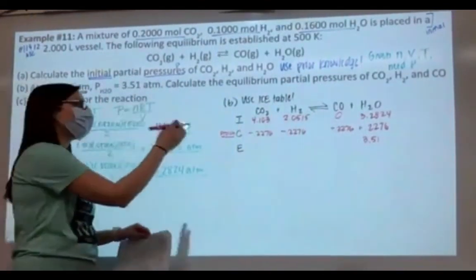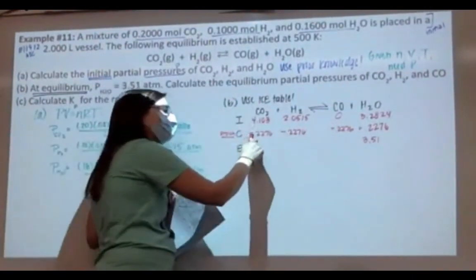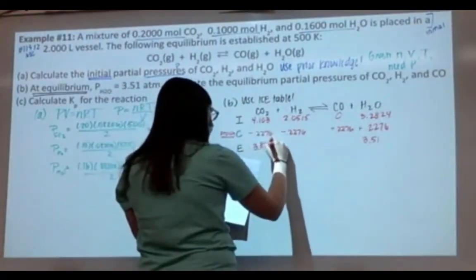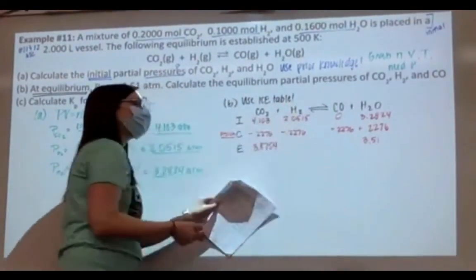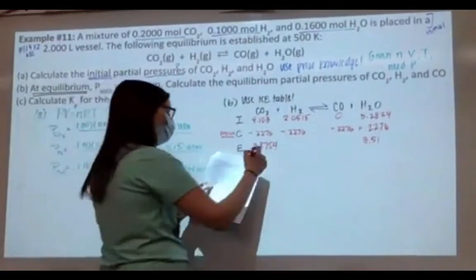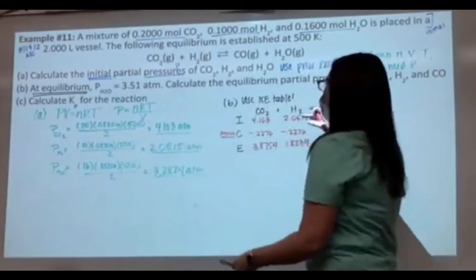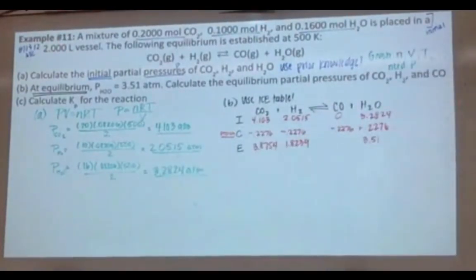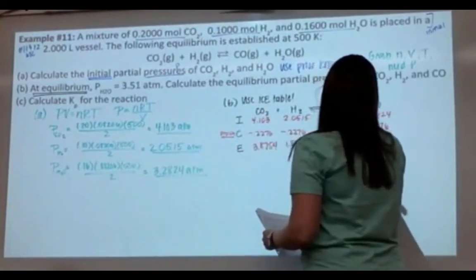And now we just do the math. In the case of CO2, 4.103 minus 0.2276. H2, 2.0515 minus 0.2276. If you just used 4 significant figures throughout the entire thing, that's okay. I tend to go out to usually a couple more sig figs. And then CO, 0.2276.